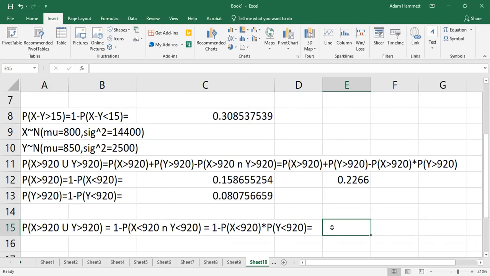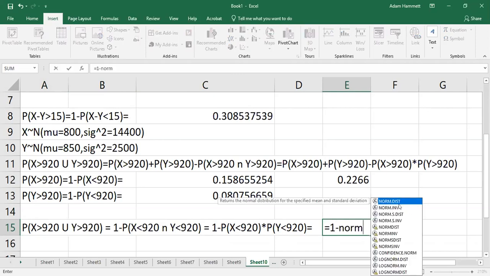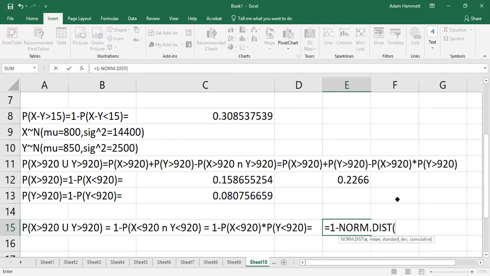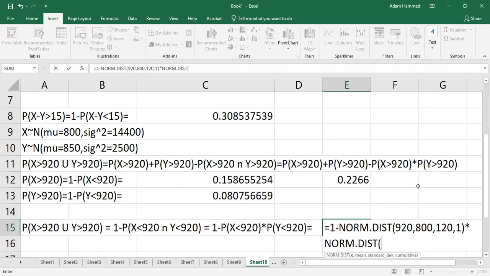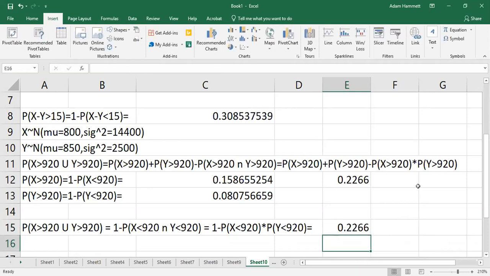Now I can actually just straight up use the cumulatives for both X and Y. This would be equal to 1 minus normal distribution 920, 800, 120, times the other normal distribution, 920, 850, 50. Nice. So that's an alternative computation.